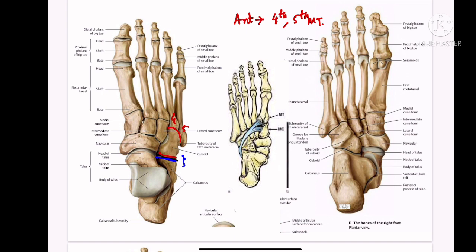It is a saddle type of synovial joint, and the articular surfaces are the concavo-convex surface of the cuboid and the reciprocally curved anterior surface of the calcaneum. So the posterior surface is also articular. It forms the calcaneo-cuboid joint.